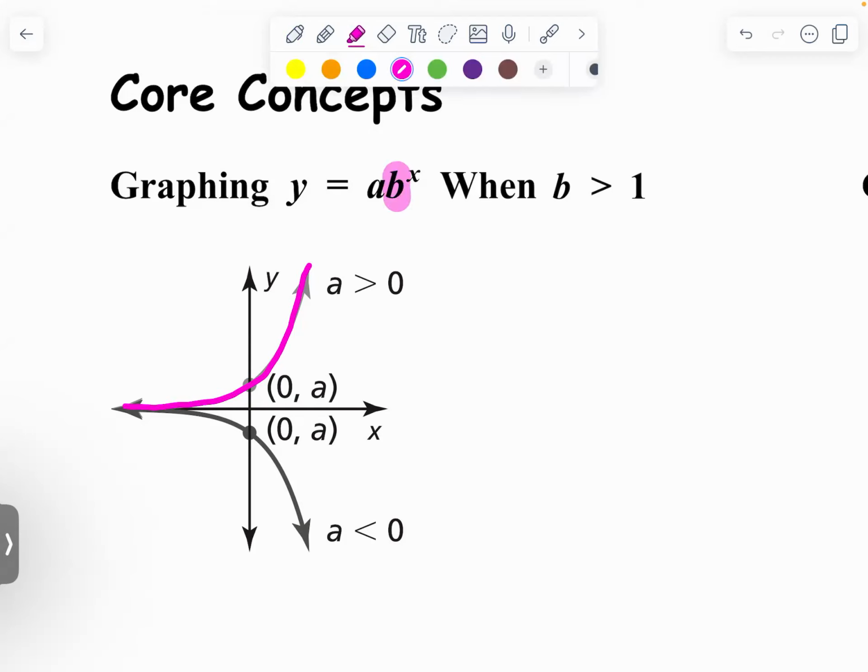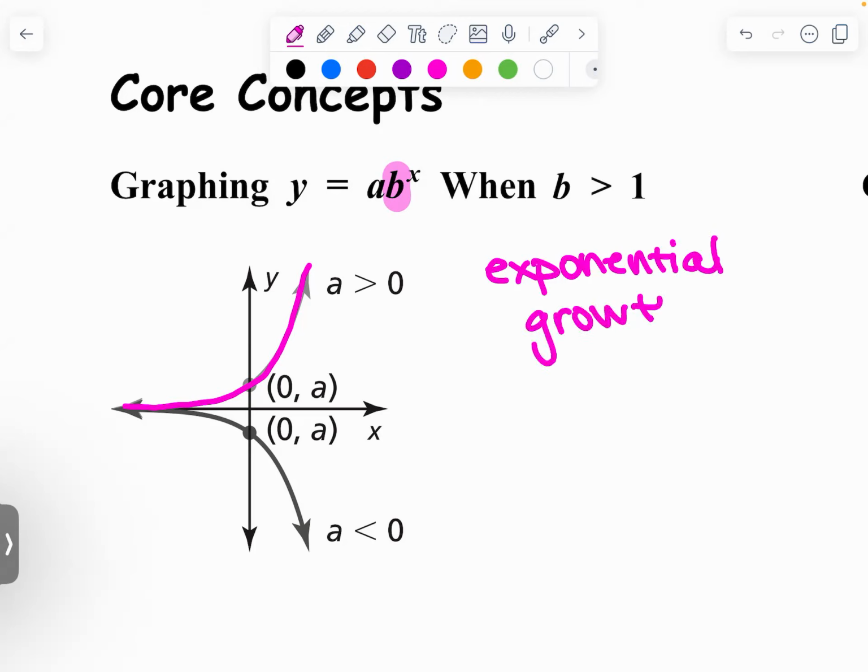This is what we call exponential growth. Our Skittles were growing exponentially. Lucky for you, right?